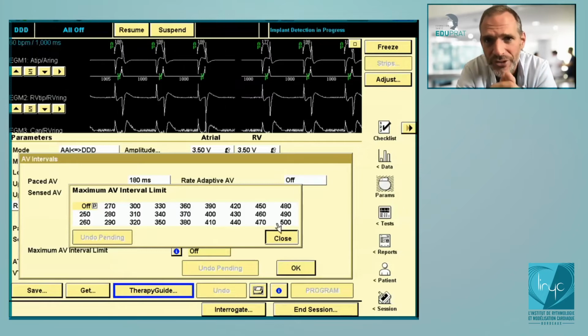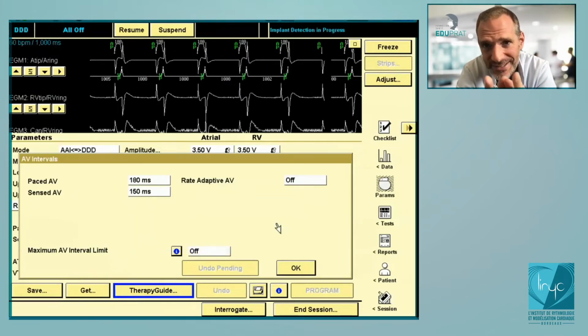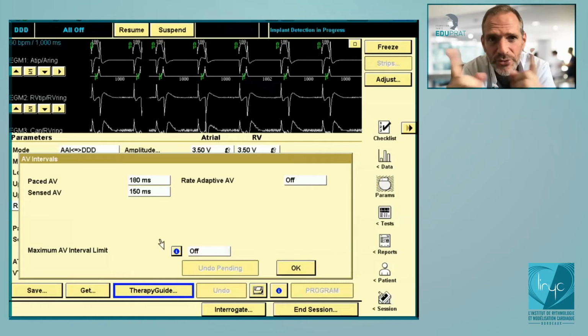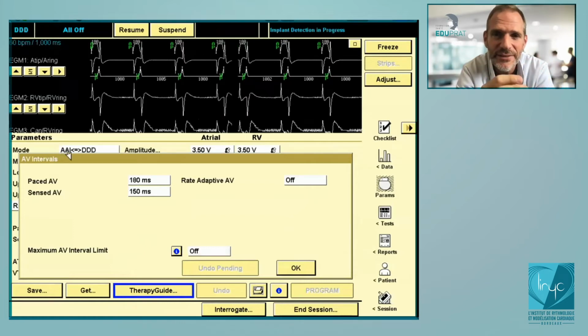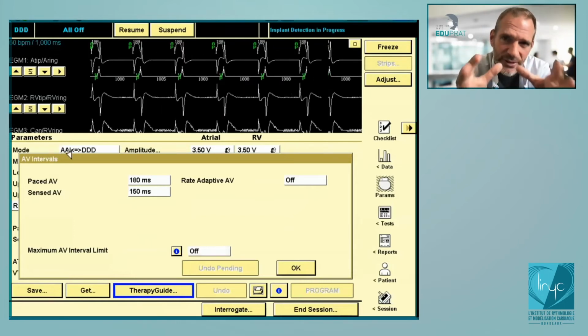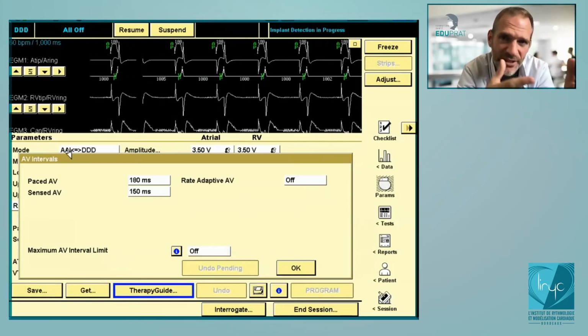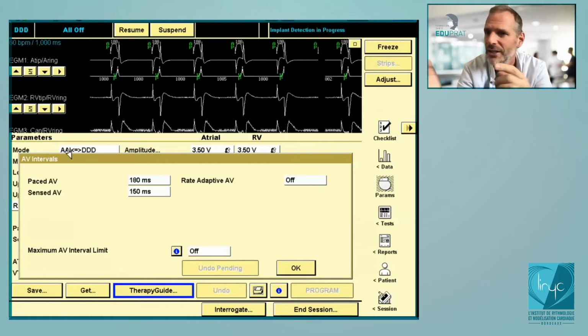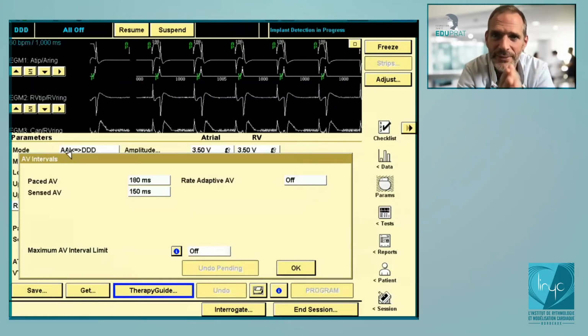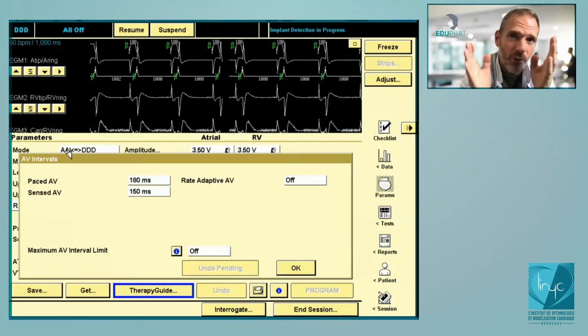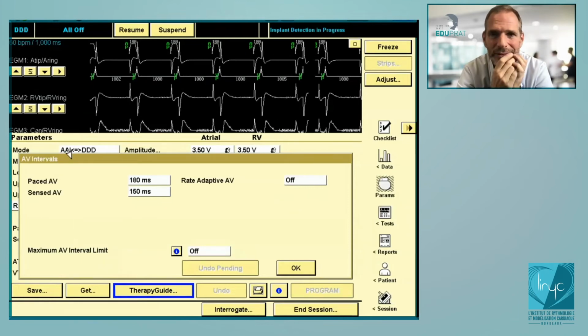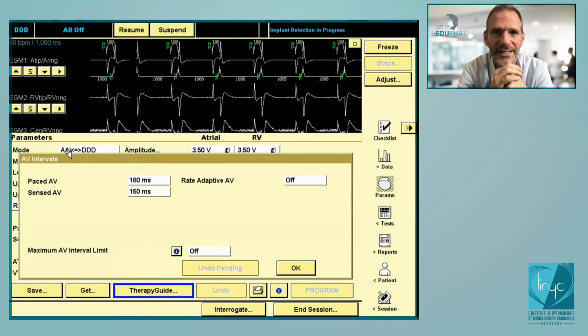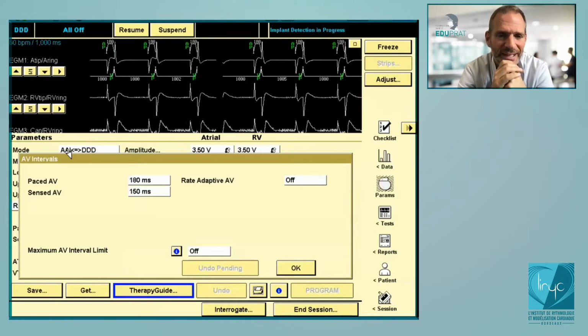I think it's important that you know the details about this, because when you try to differentiate the devices from one company to the other, that's something which is very different. The Rhythmiq, for example, in Boston, works completely differently than the MVP or, I don't know, the AAI safeR in Microport. Okay, any questions?